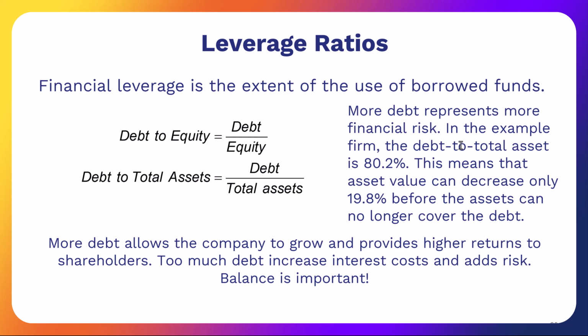So more debt represents more financial risk. So if in this example the debt to total assets was 80.2%, that means that asset value can only decrease by 19.8% before assets can no longer cover the debt.